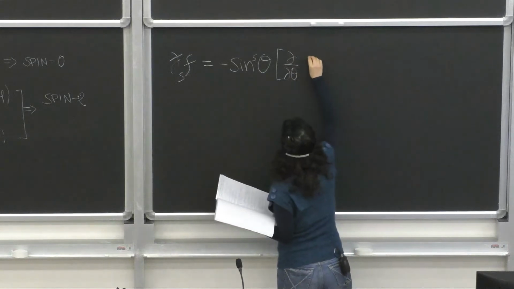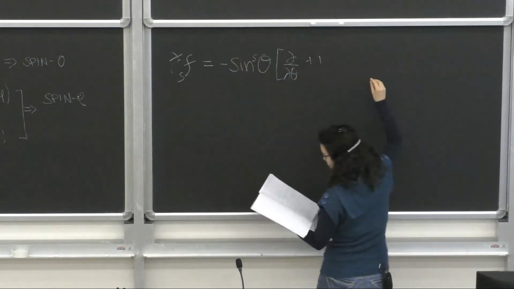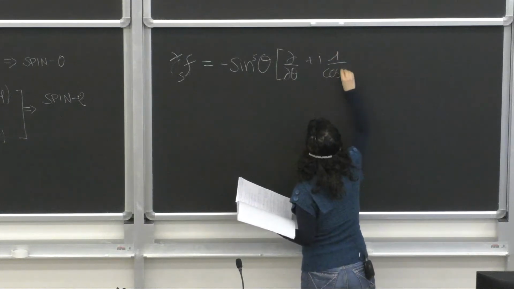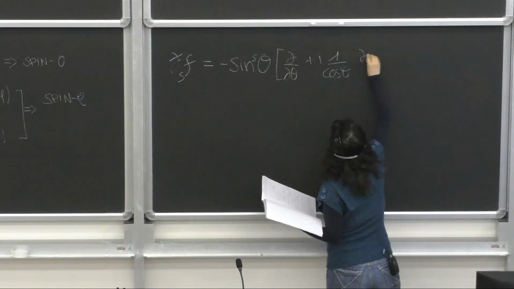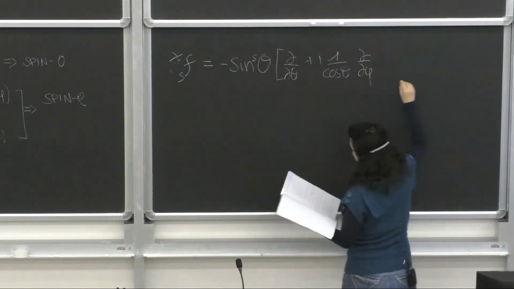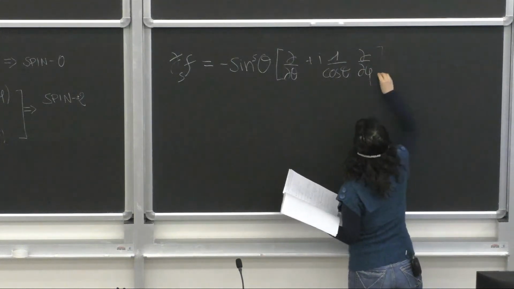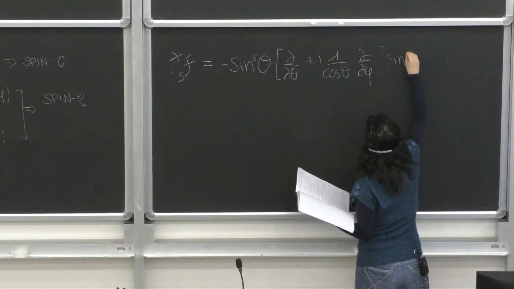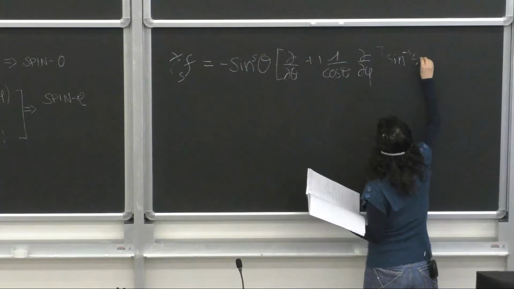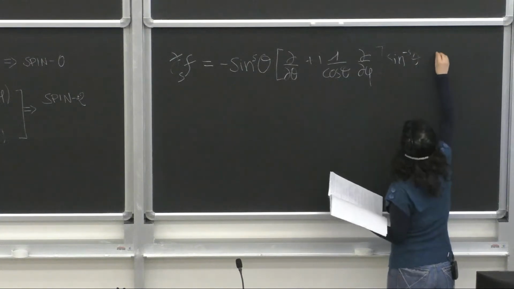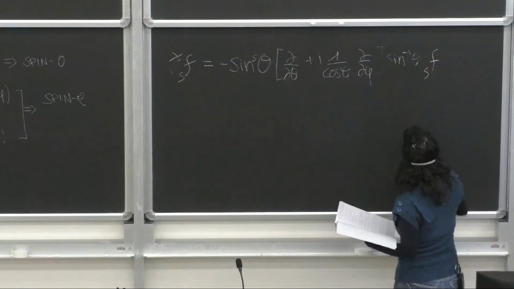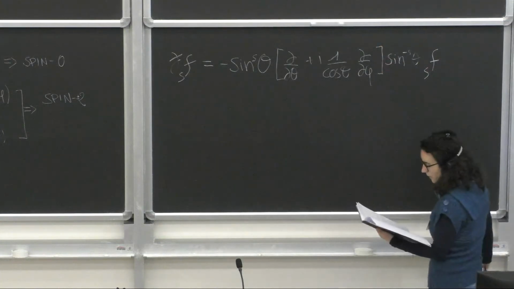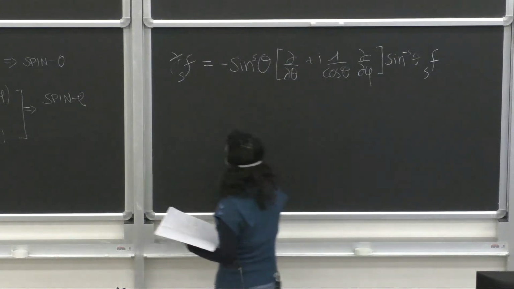Remember that theta and phi are the angular dependency. So this is the spin raising.